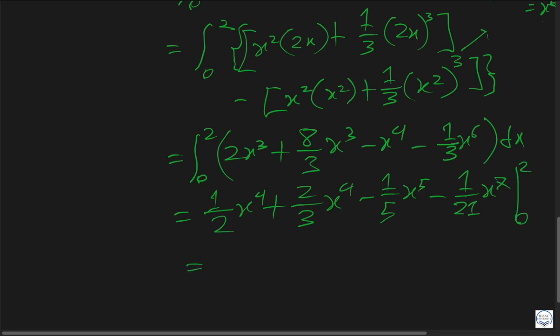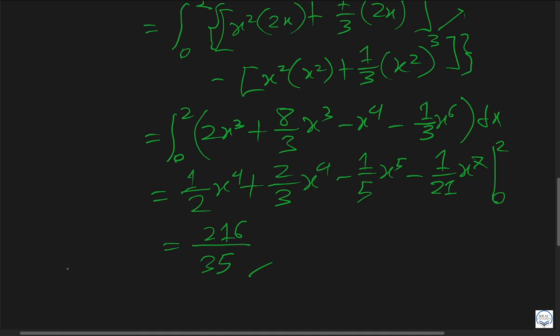So we have 0 and 2 as the limits. If I substitute 2 in this expression, you'll find that we get 216 over 35. And if I put 0, we'll just get 0, because 0 to the power of any positive number is just 0.